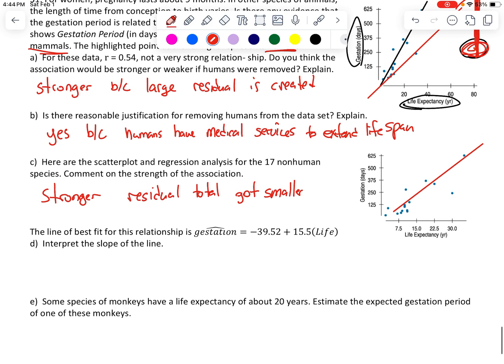It didn't tell us what our R value is, but we're asked to interpret the slope. Again, just for extra practice. Again, we're going to start here and we're going to go under, over, and down. So that's what we see. That's what we need in order, okay?